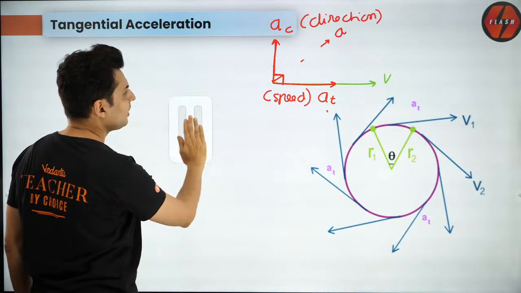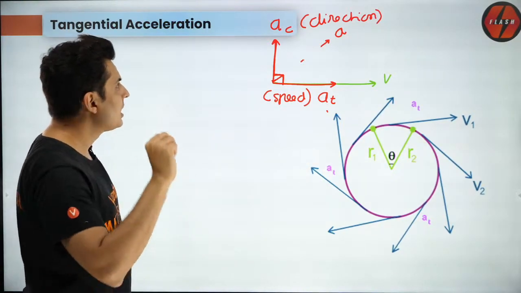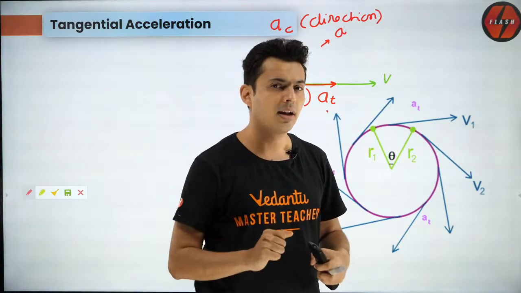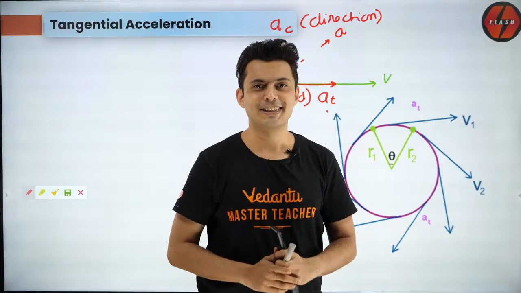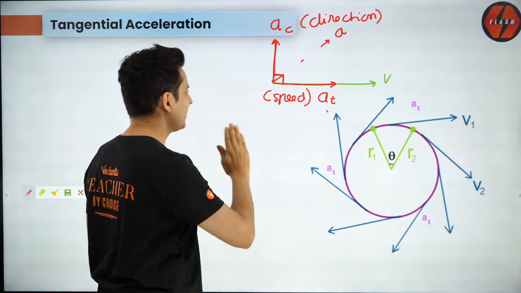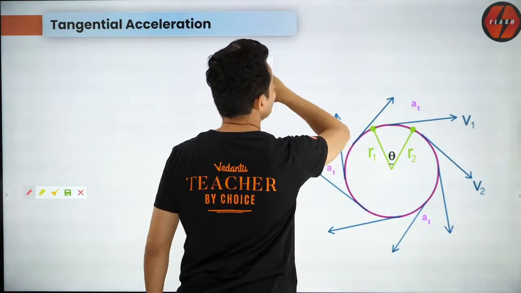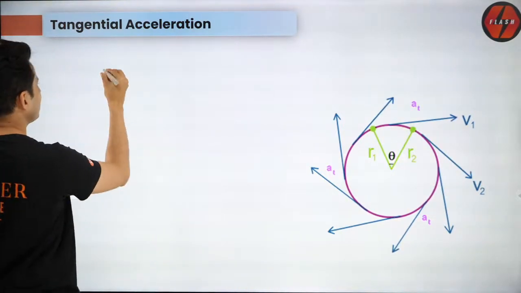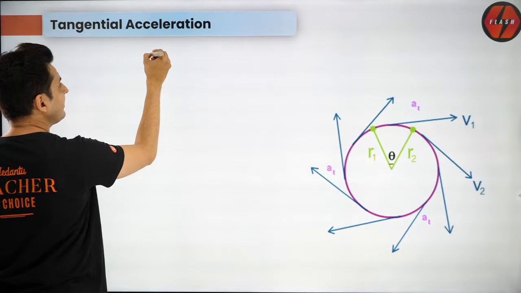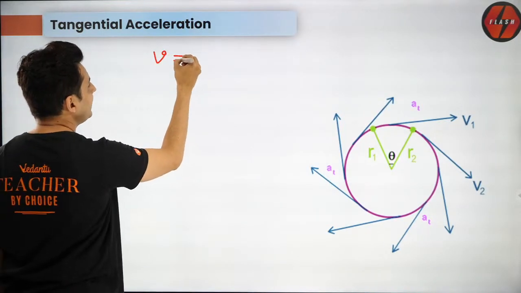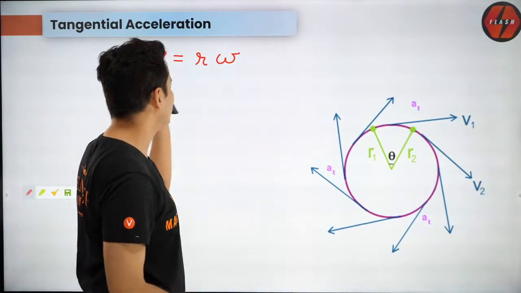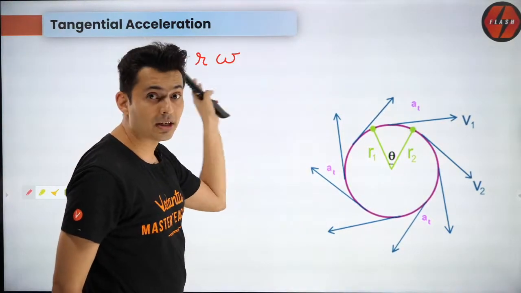Now, if you have understood till here, is there any relationship between tangential acceleration and angular acceleration? Yes, there is, and let me tell you what it is. Remember, in the previous session I told you v = r omega, that velocity and omega are related to each other.